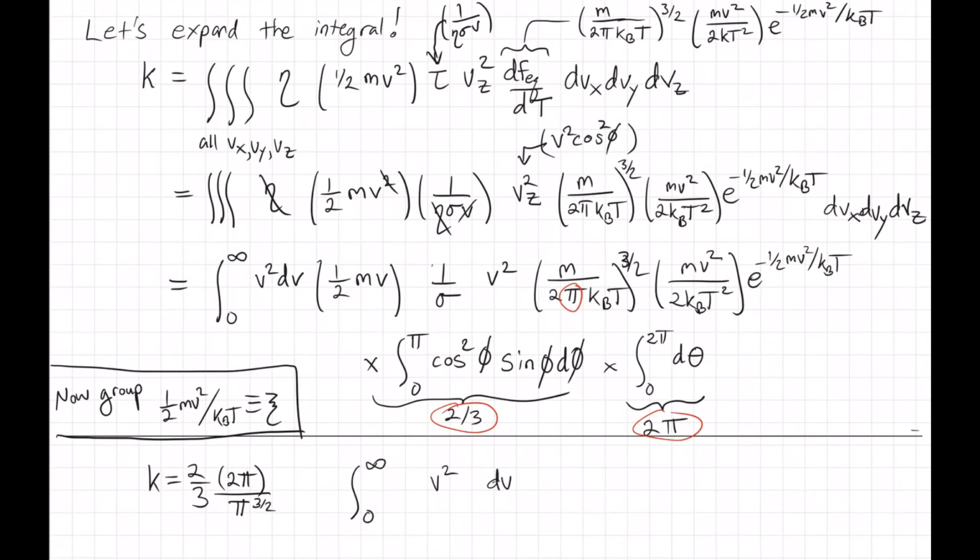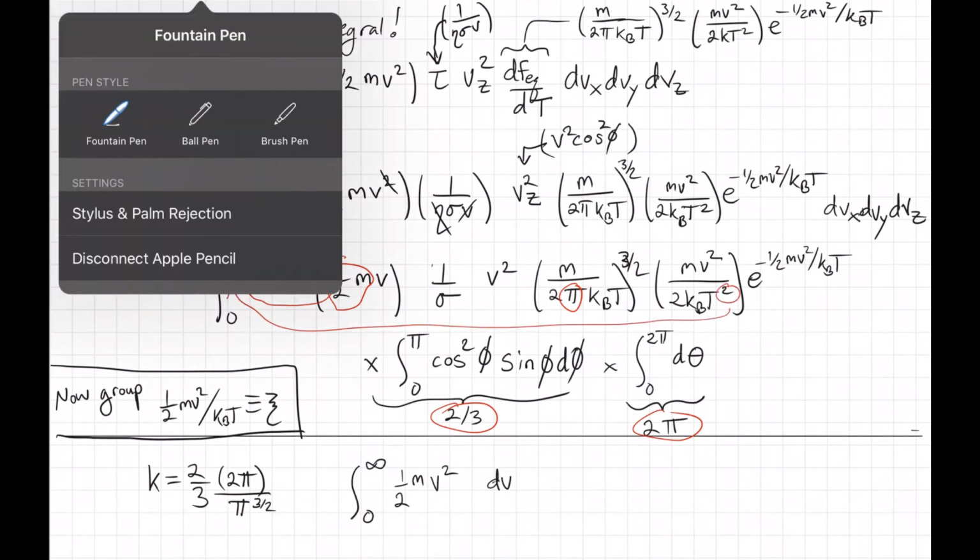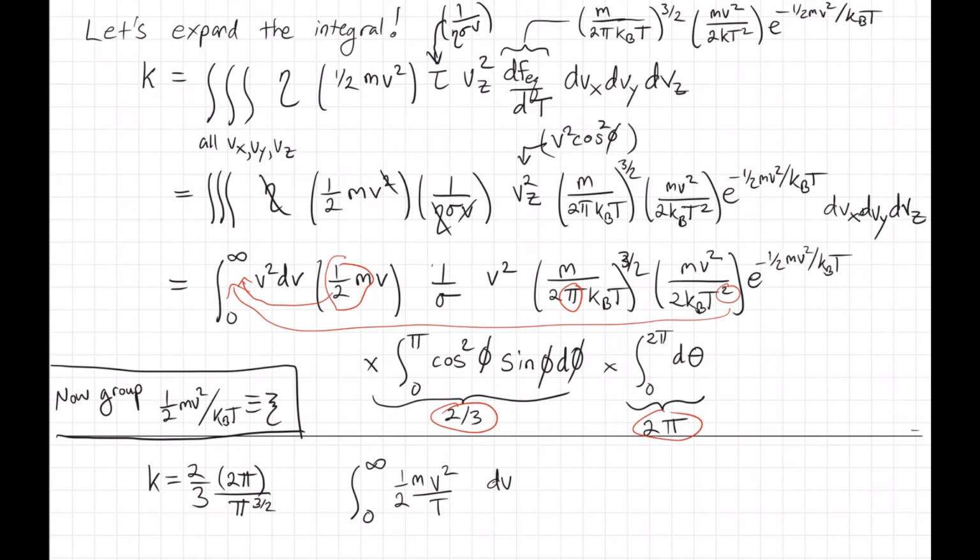Yeah, there's a half m that I'll group towards the beginning, and I'll look for other things I can group with it. I'm trying to make a term that looks like half mv squared over kbT. So I'll see an extra T sitting around on the left side, but there's no kb, so I'll just multiply and divide by kb to make that term.